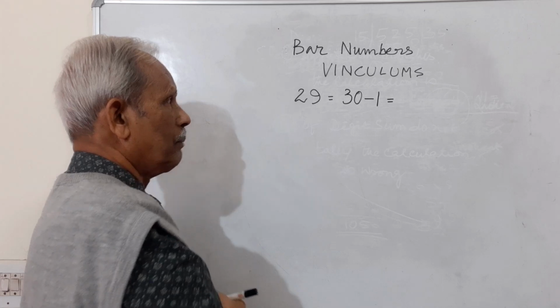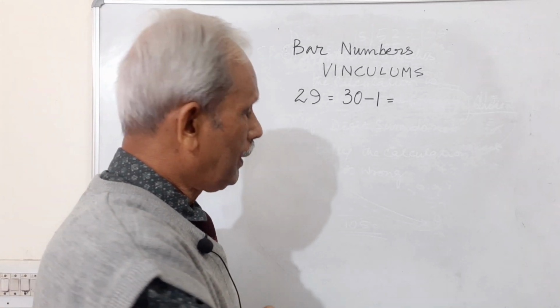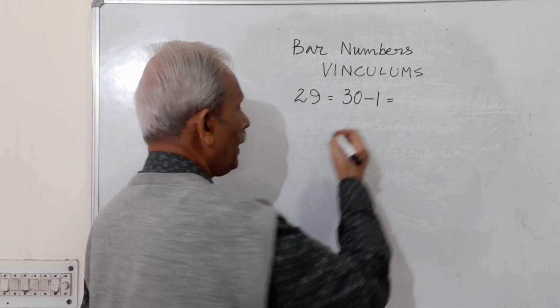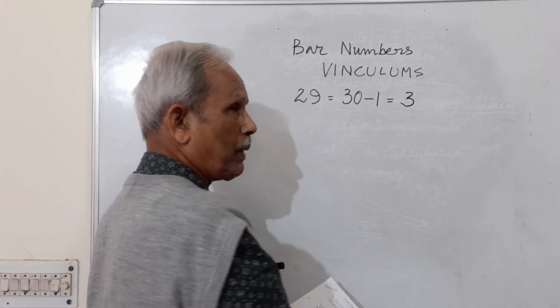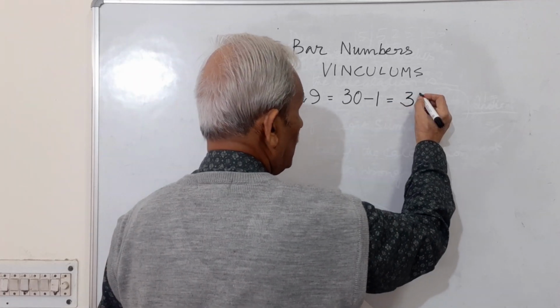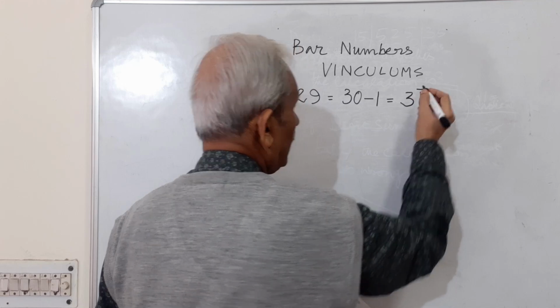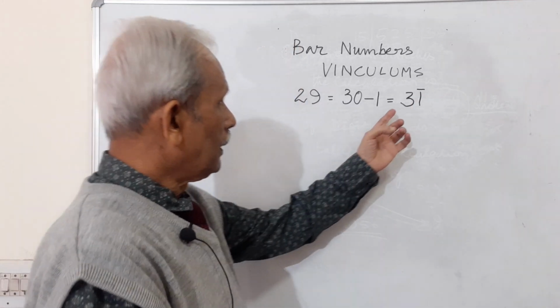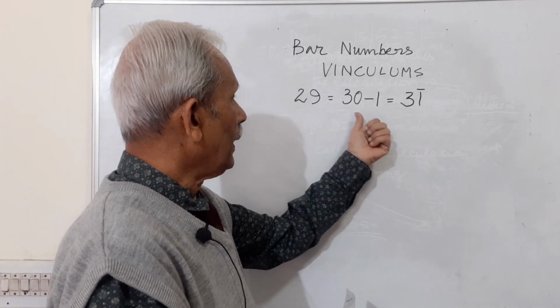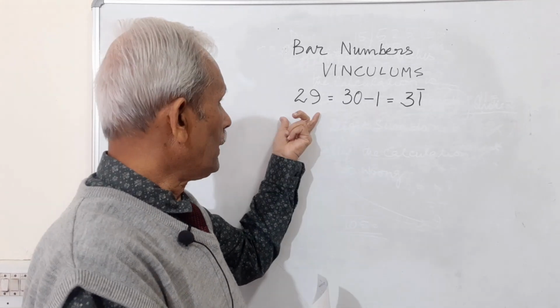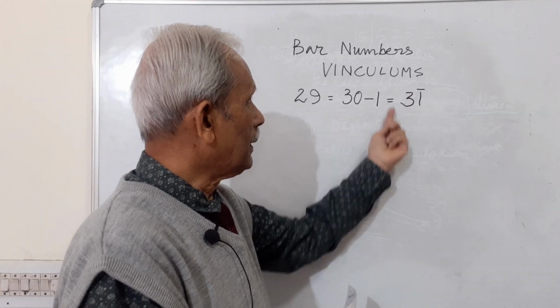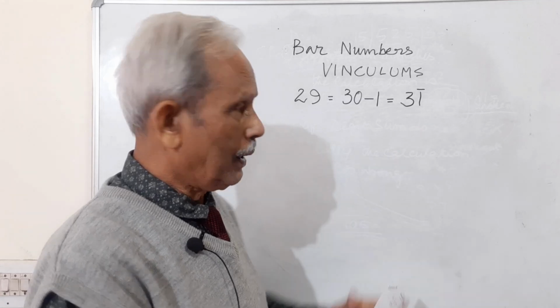It's right, 30 minus 1, 29 is 30 minus 1. And this 30 minus 1 can be written, to express a bar number, as 3, 1 bar. What does this mean? 30 minus 1 is 29. This 29 can be denoted as 30 minus 1, right?